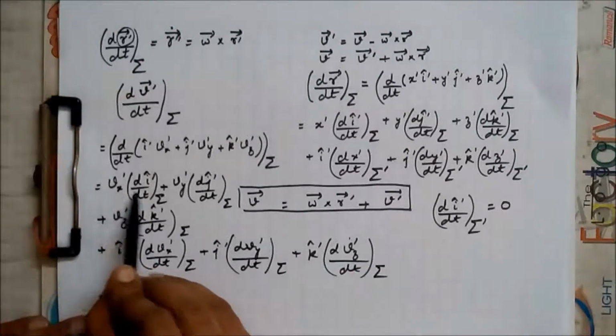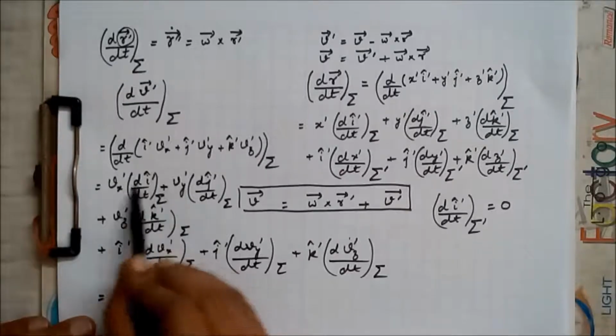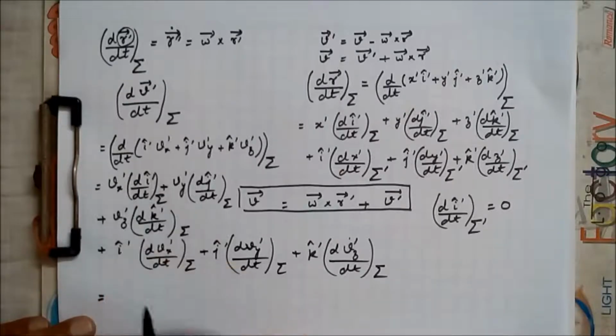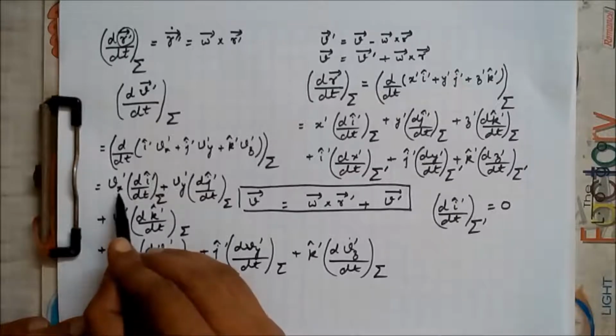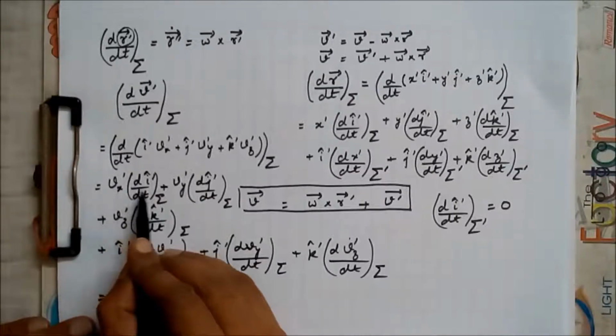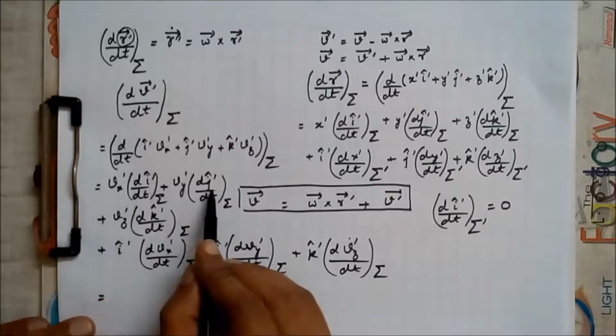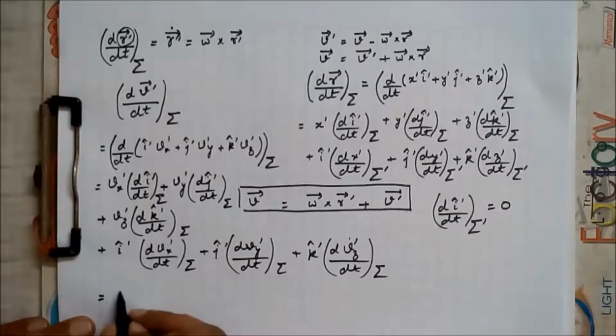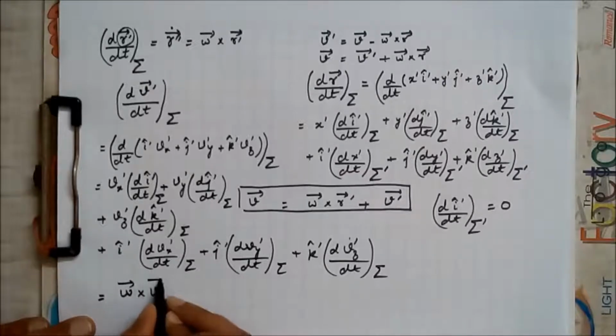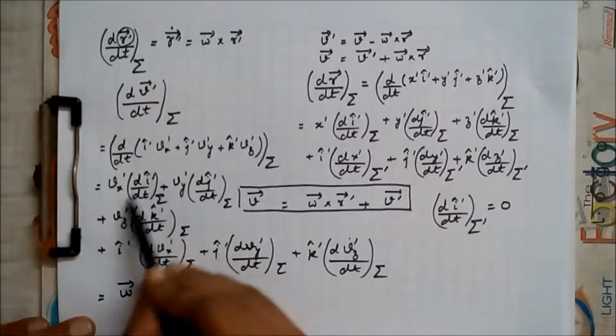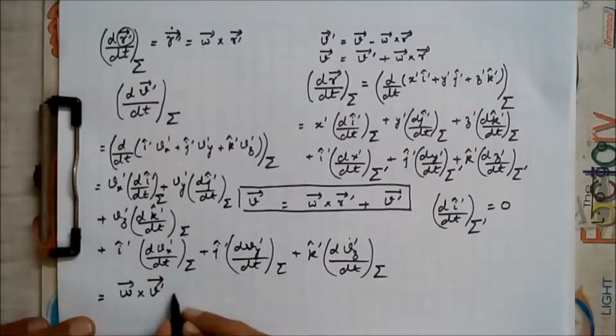So the combination of the first three terms will give us vx primed times omega cross i cap primed. Similarly for these, so I get omega cross v primed. This arises from the first three terms.